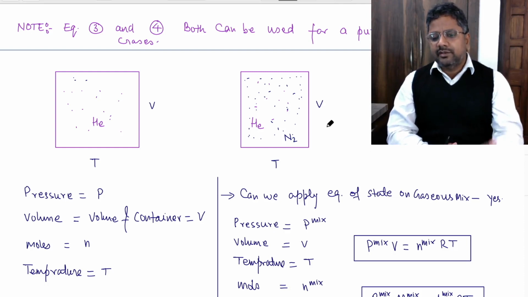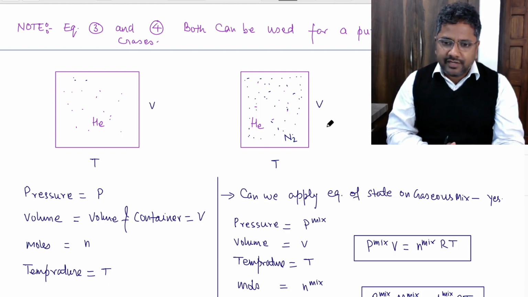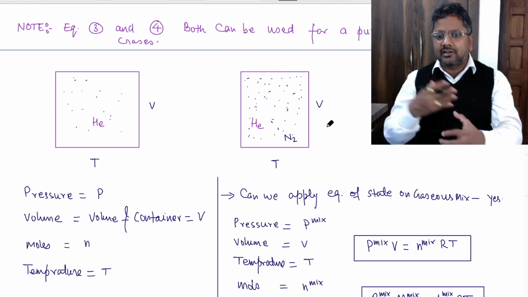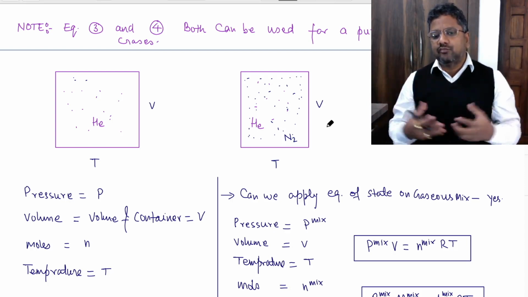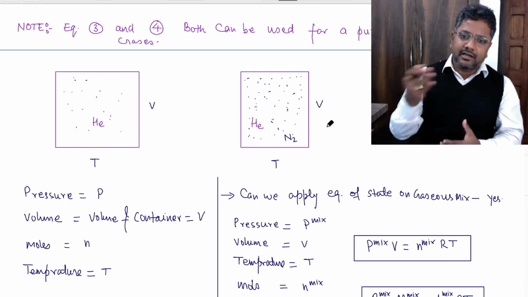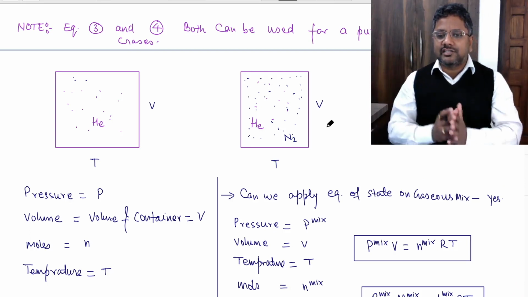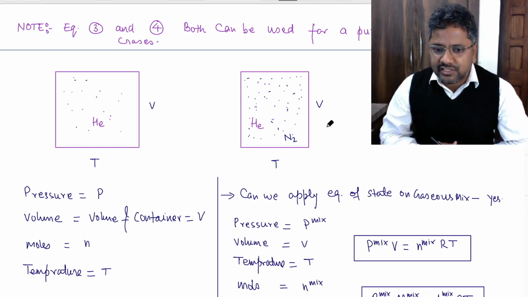So obviously before the start of the reaction, all variables have some value. During the course of the reaction, when the dynamics of material is taking place, some moles are consumed, some are appearing. So at that moment, moles are changing, and if moles are changing, then other dependent variables like pressure are also changing.